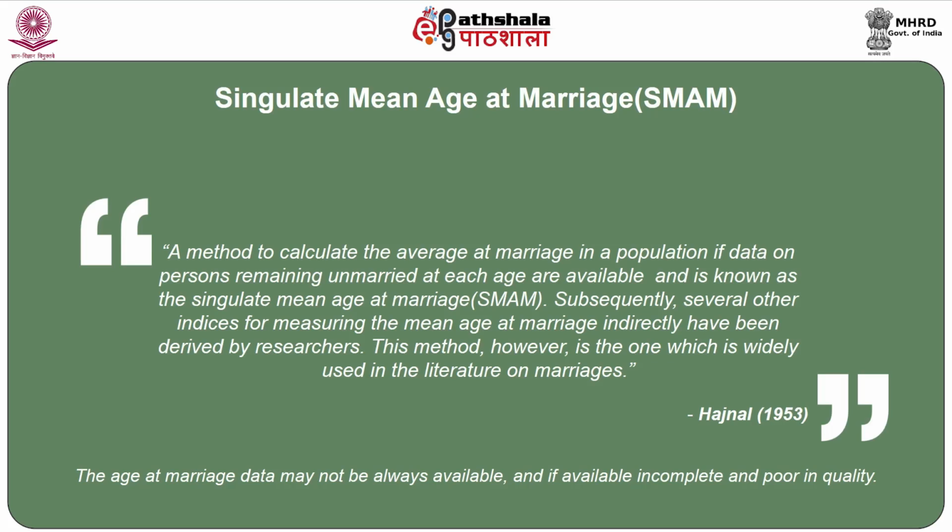That means what we need is the data on persons that are remaining unmarried at each age, and using that data we can derive the singulate mean age at marriage, SMAM, using the method given by Hajnal.